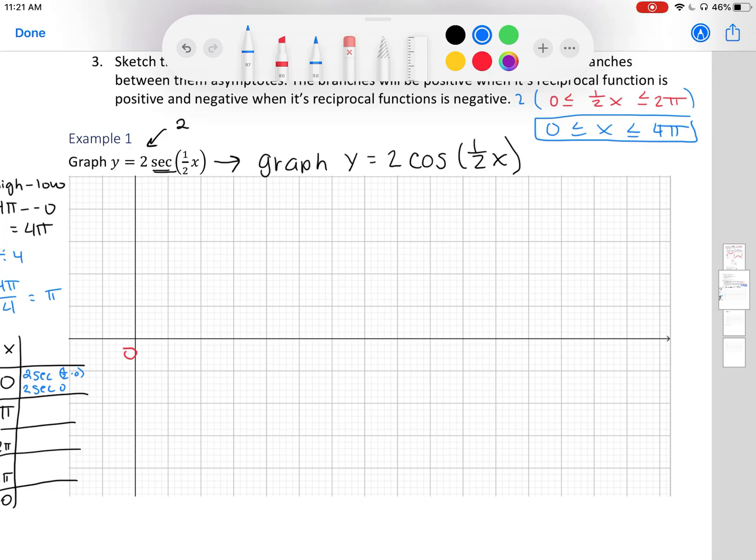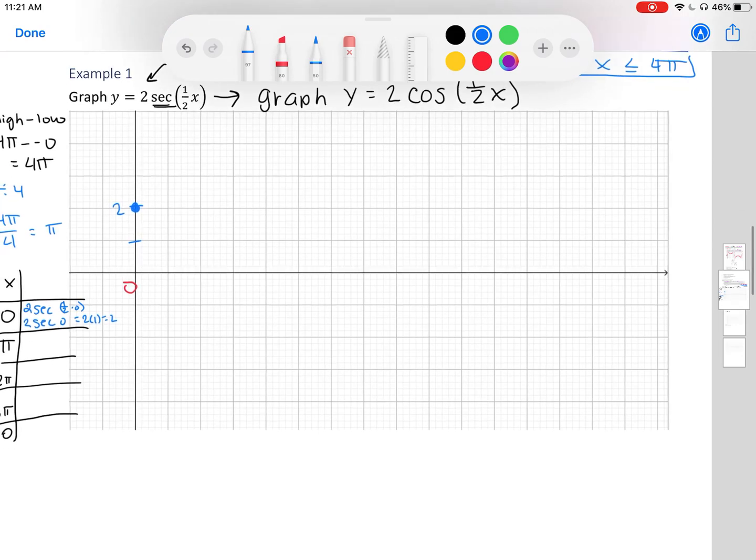Secant at 0 is 1. 2 times 1 is 2. So we start at 0, 2. Can you guess where your next point will be? Yes, our next point will be 0. Then we'll have -2, 0, and back at 2.